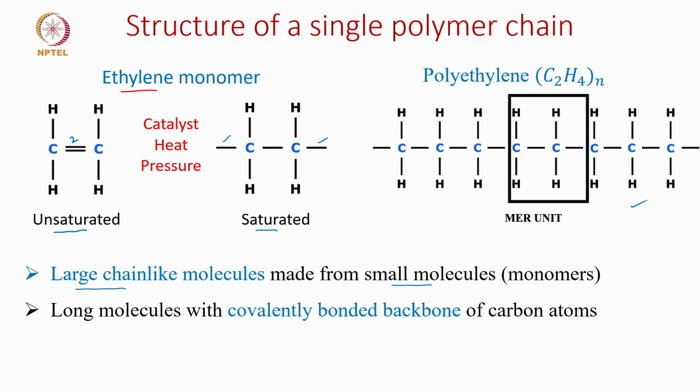Another aspect of these polymers is that these are large molecules with a covalently bonded backbone of carbon atoms. If you look here, there is a carbon atom, and there is a carbon-carbon bond. All of these are the backbone which gives the strength to the polymer, because the bond between carbon and carbon is a covalent bond, which is a primary or a strong bond. This gives the strength to the polymer chain.